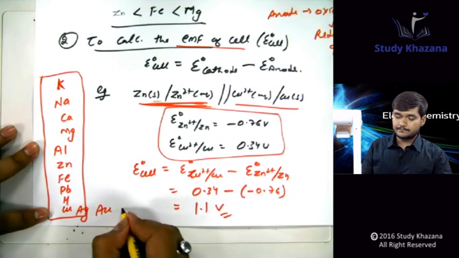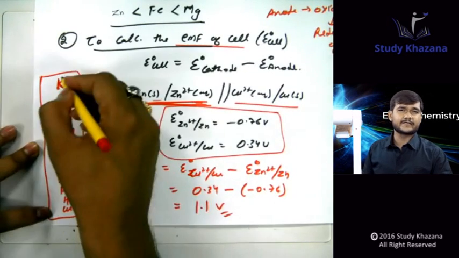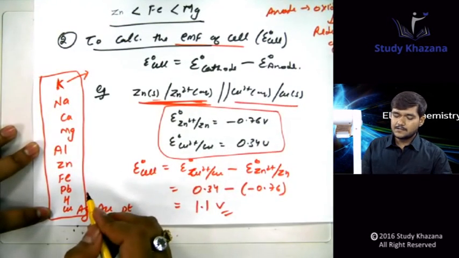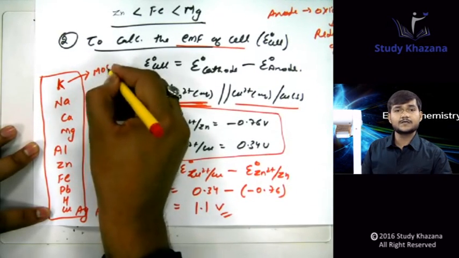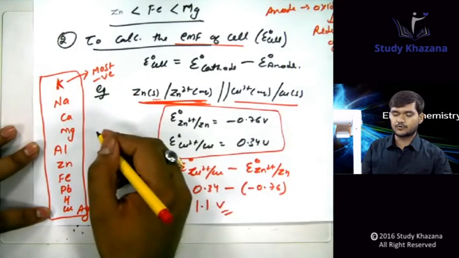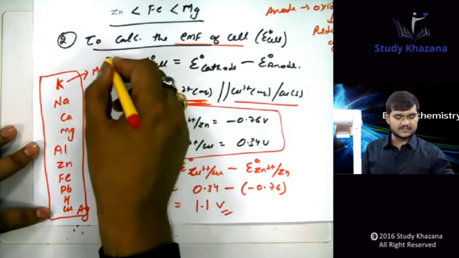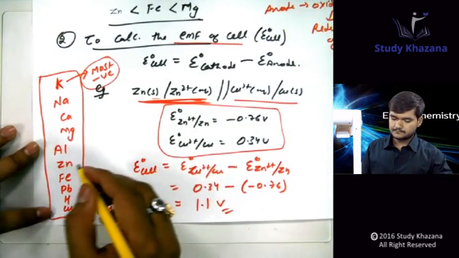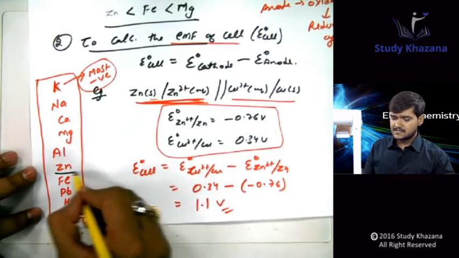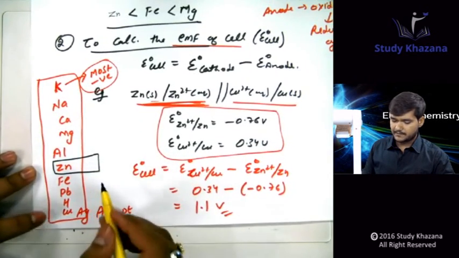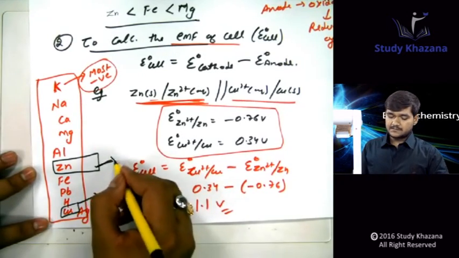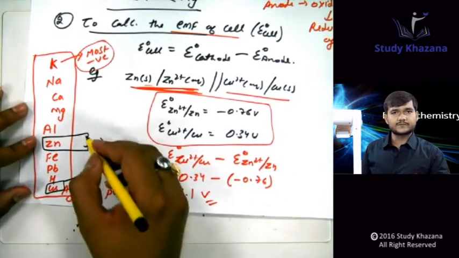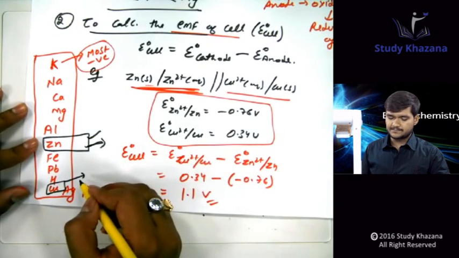Now the element which is at the top of the reactivity series will have the most negative electrode potential. We have been discussing zinc and copper frequently in this class. Zinc is at the top in the series and copper is below.